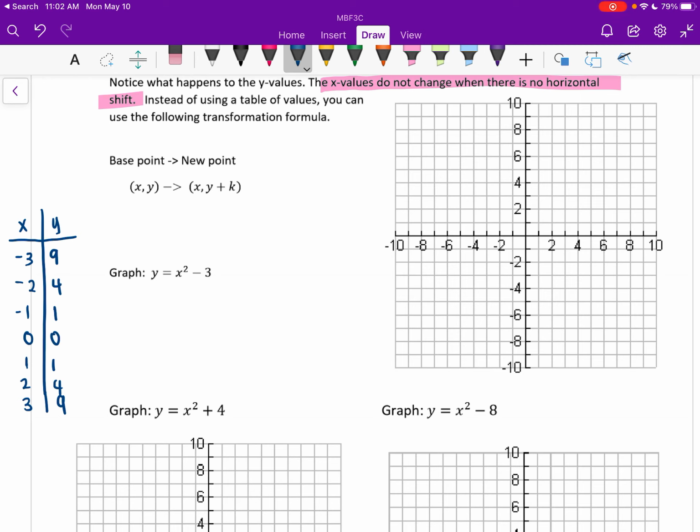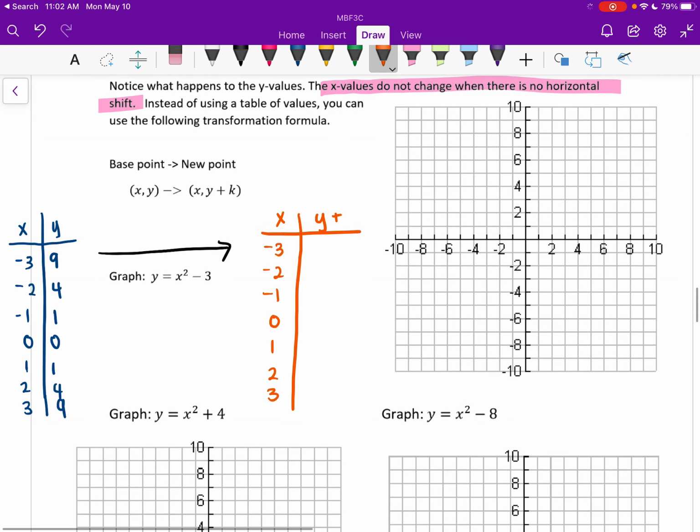And what I can do is now I can change this to my new one, and I'll put that in orange by saying, okay, let's leave all the x's the same because there's no horizontal shift. So I'm going to leave it as -3, -2, -1, 0, 1, 2, 3. And now I'm going to do y plus k.